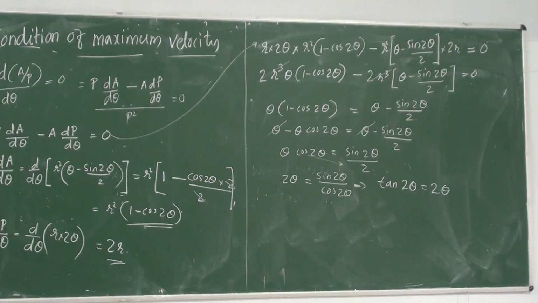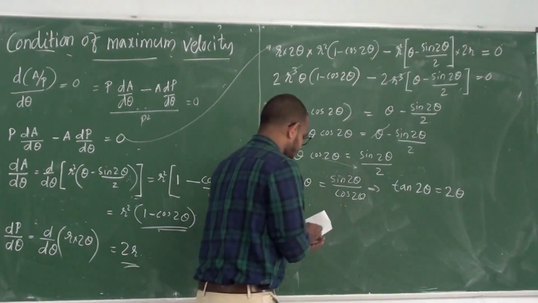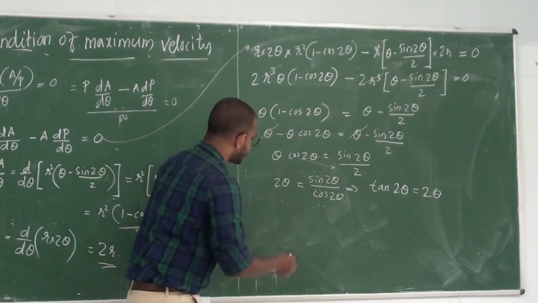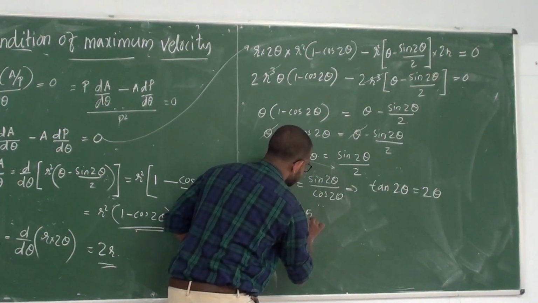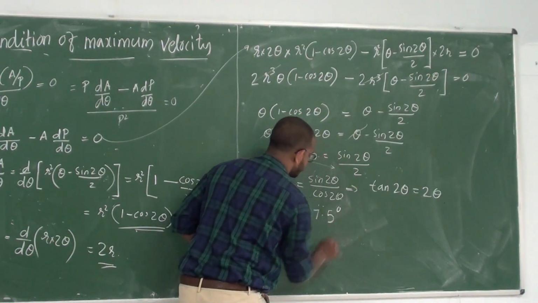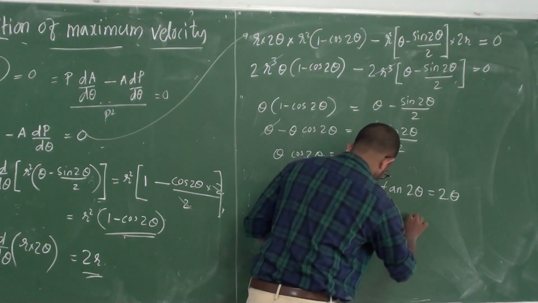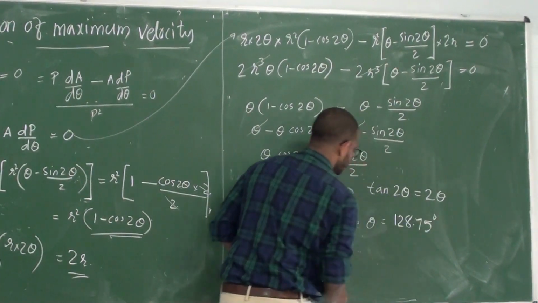This gives the value of 2 theta. On solving this equation, we get 2 theta equal to 257.5 degrees, or theta equal to 128.75 degrees.